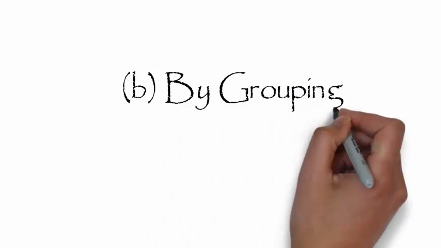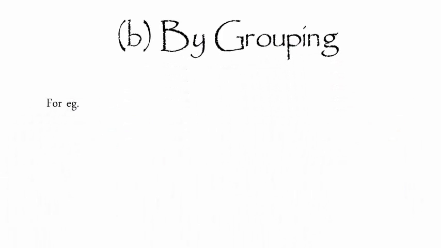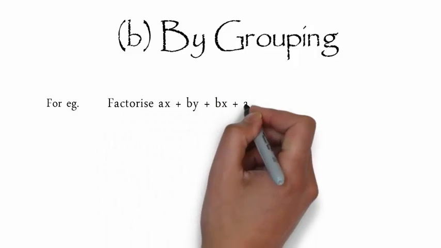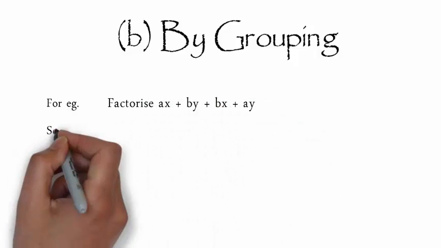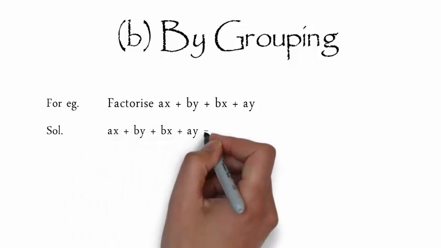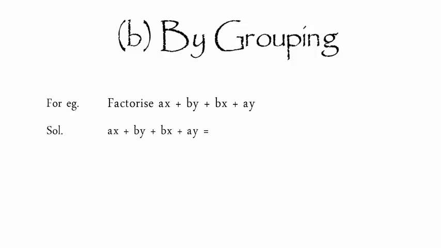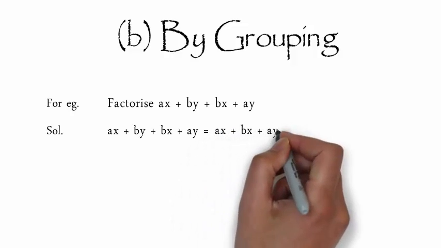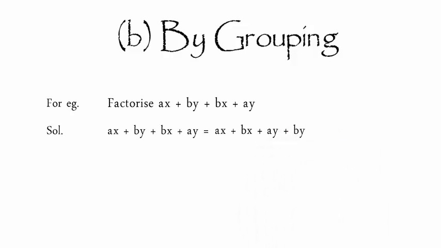B. By grouping. For example, factorize ax + by + bx + ay. Solution. ax + by + bx + ay, here we are rearranging terms, = ax + bx + ay + by.